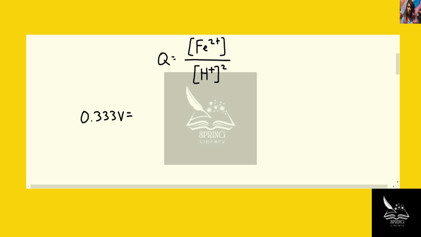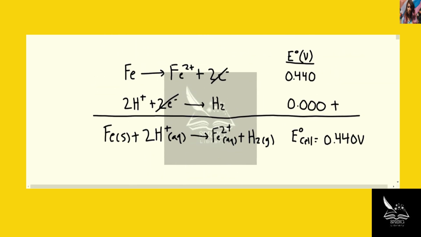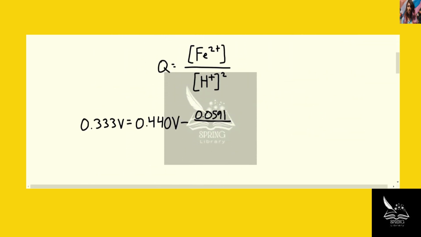This equals the standard cell potential, which we calculated to be 0.440 volts, minus 0.0591 over N. We canceled out 2 electrons on either side of the equation, so N is equal to 2, times the log of Q, where we use that expression for Q that we just developed, and we are told that the concentration of Fe2 plus in the iron compartment of this galvanic cell is 1.00 times 10 to the power of -3 molar.